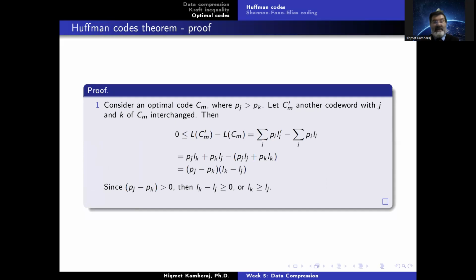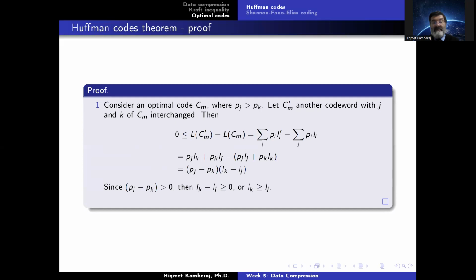First part, consider an optimal code C_m, where P of J is greater than P of K. Now consider another code, C_m prime, with J and K of C_m interchanged. Then we have to calculate the difference between the expected lengths, one according to the C_m prime code, and the other according to the code words C_m.